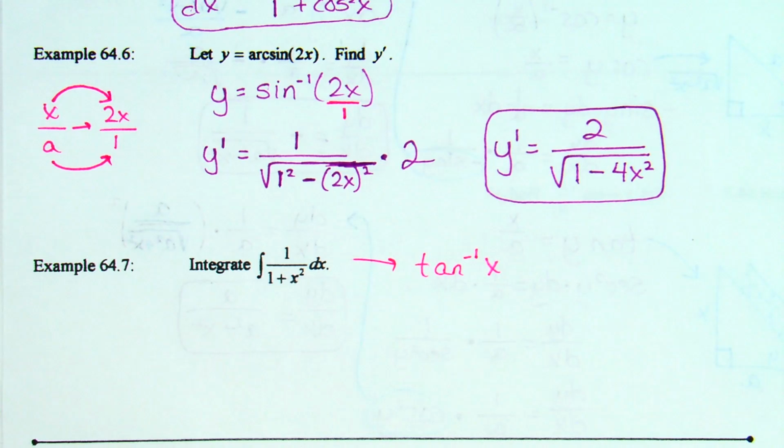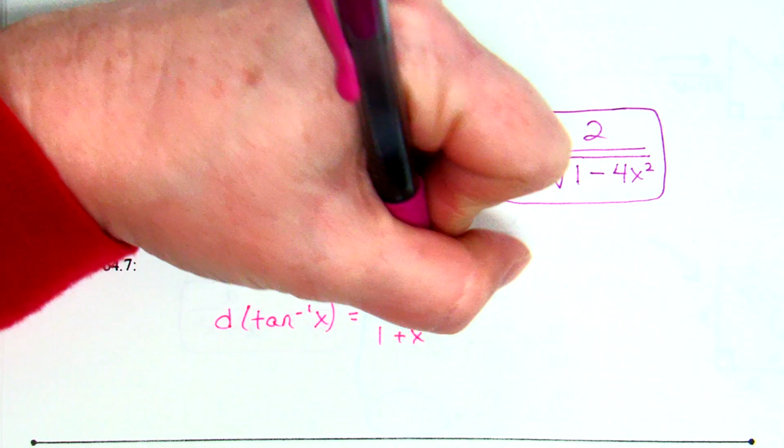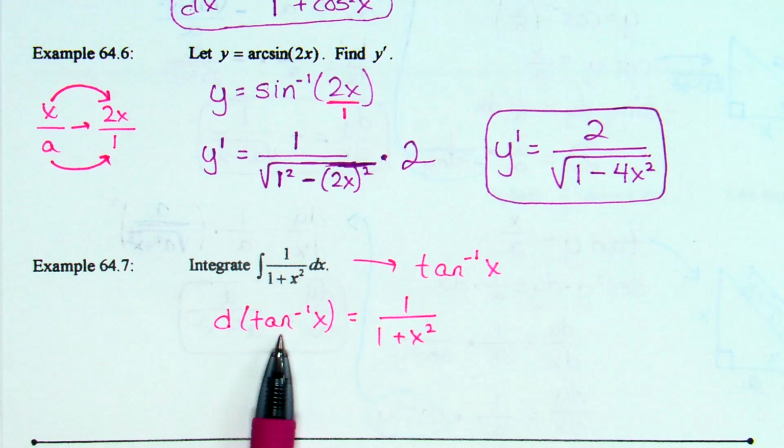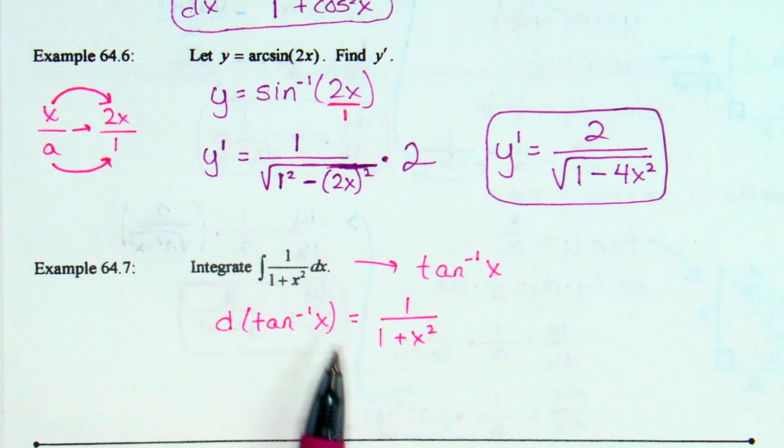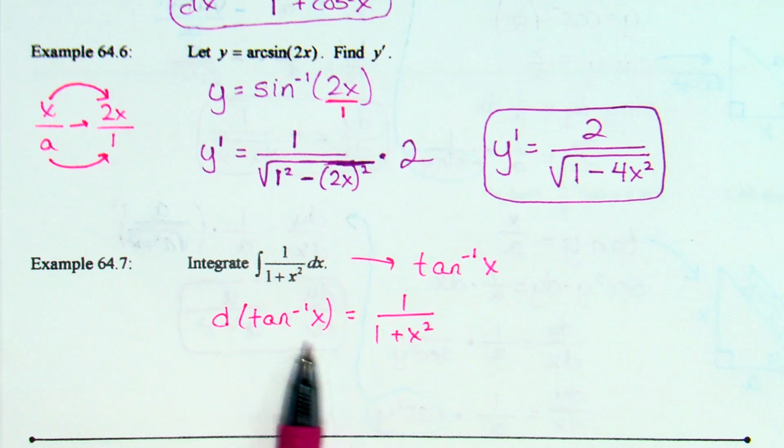And so if you look up above, the derivative of tangent inverse of x is 1 over 1 plus x squared. If you think of that as x over a, what's my a value? And the invisible 1, right? So if a is that invisible 1, then this is a 1 on top and a 1 here, where it would be a and a squared.